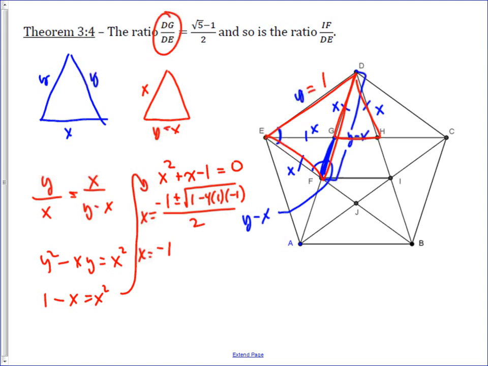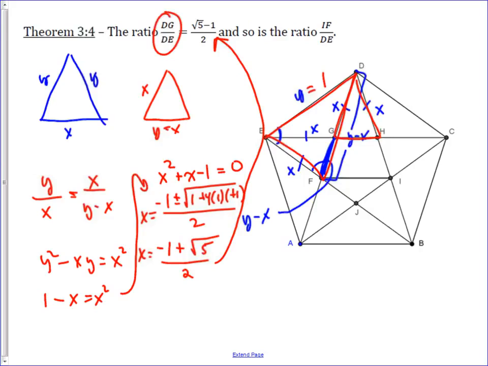So when we calculate this as 5 under the root, we're going to have to do plus the square root of 5, all over 2. So we get negative 1 plus root 5 all over 2 as our X value, which is the relationship between DG and DE. So we have this nice relationship between those.